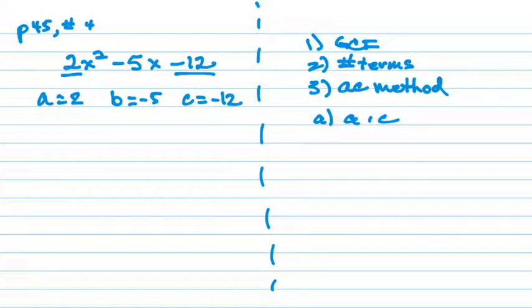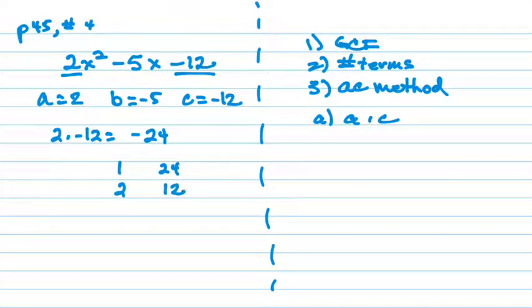So multiply my A times my C. 2 times negative 12 gives me negative 24. Then I'm just going to start listing things that multiply together to make 24. 1 goes into 24 how many times? 24 times. Will 2 go into it? 12 times.